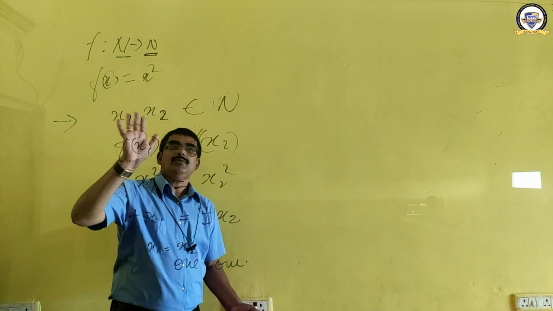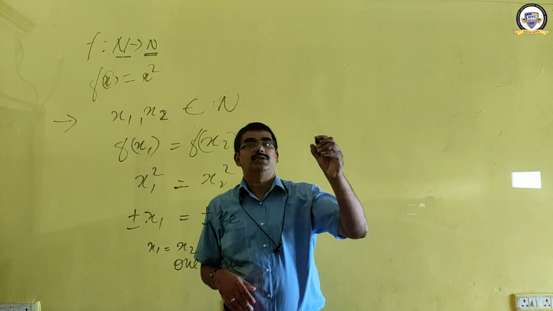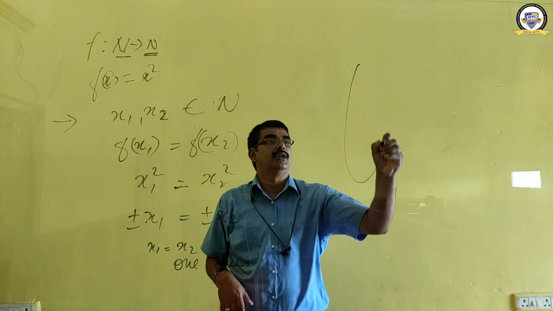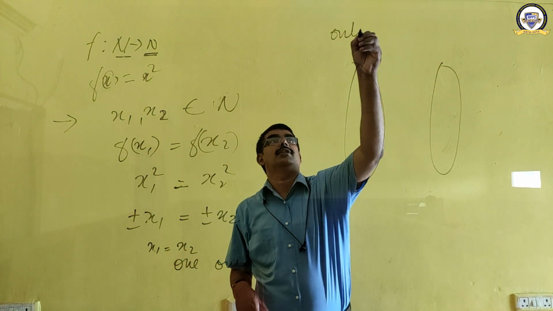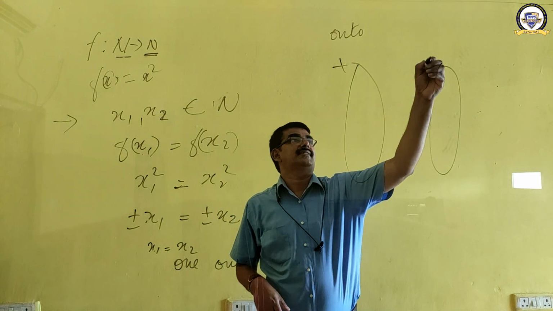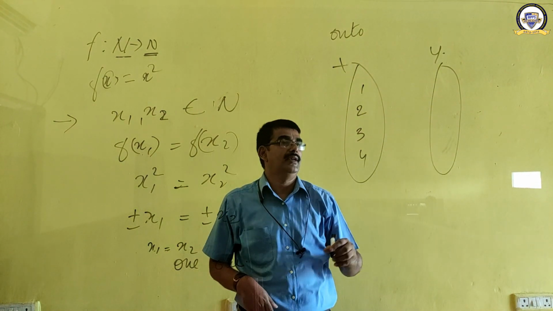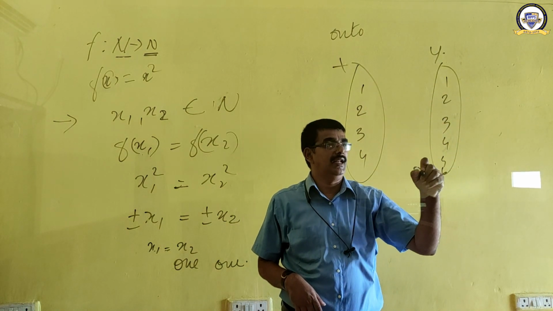Clear? Now onto. We have to check whether it is onto or not. How do we check that? We consider two sets of natural numbers, x and y. Here it is 1, 2, 3, 4 like this. Here also 1, 2, 3, 4, 5, 6 like this.